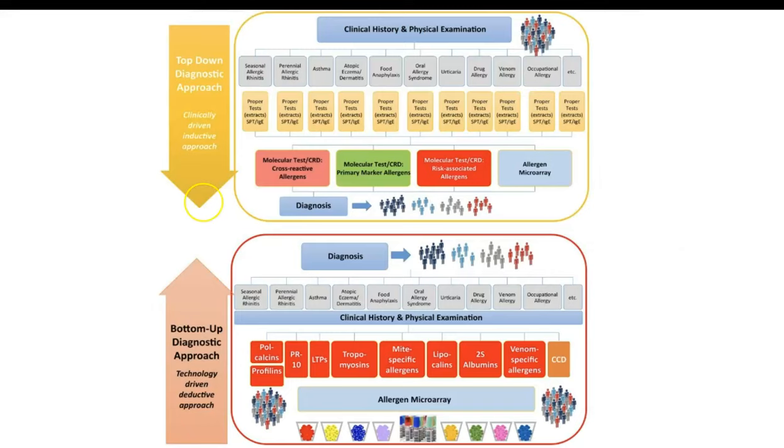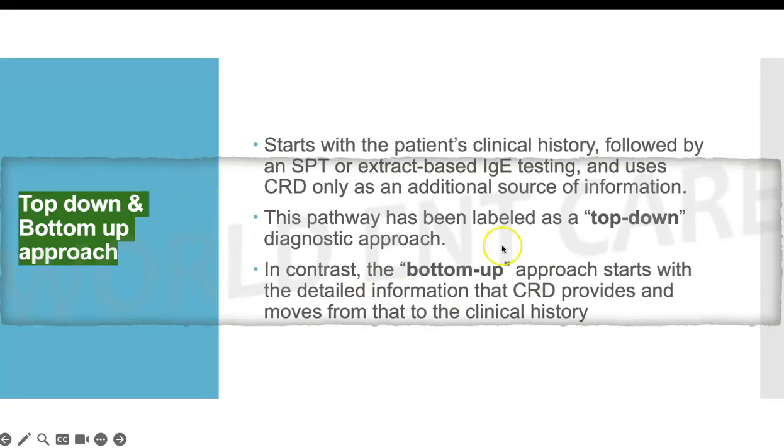So supporters of the bottoms up approach praise the global assessment of the patient's IgE repertoire. Repertoire means collection, because even a positive result without current clinical symptoms may predict a future allergic manifestation.